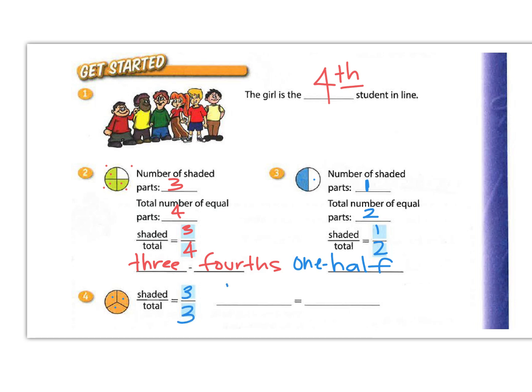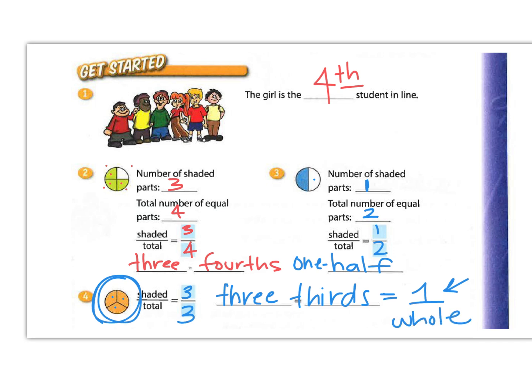So you would say 3/3, which is the same as 1 whole. So the entire thing is shaded in. We can see here it's all shaded, so the whole thing is shaded in, so that would be 1 whole.